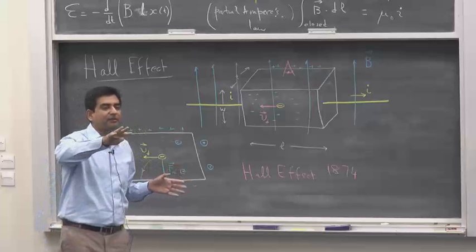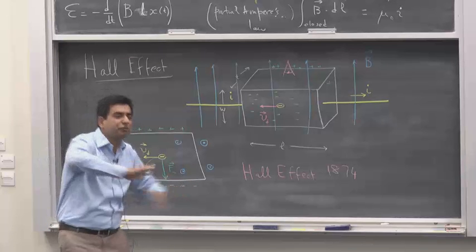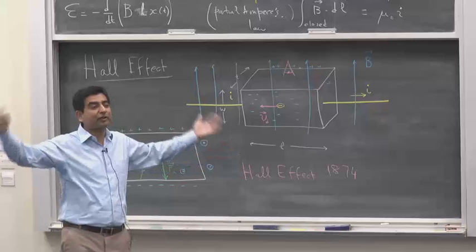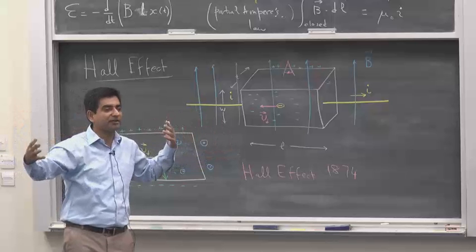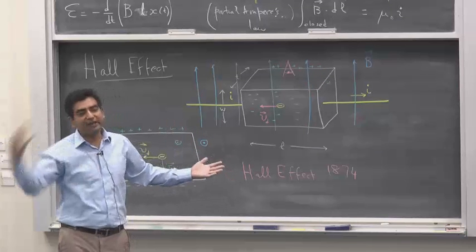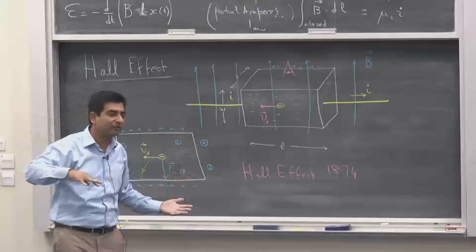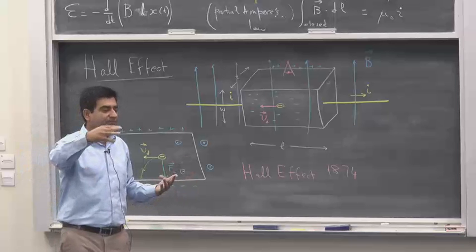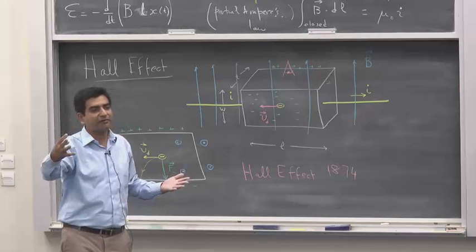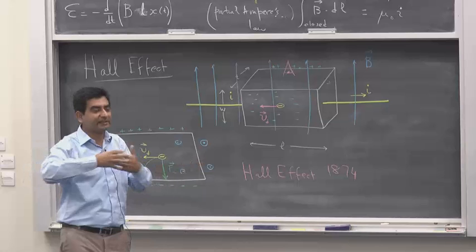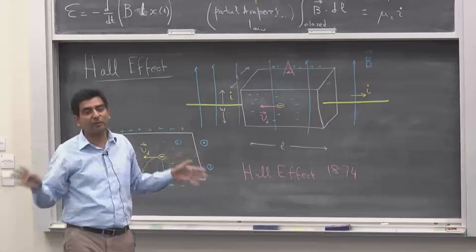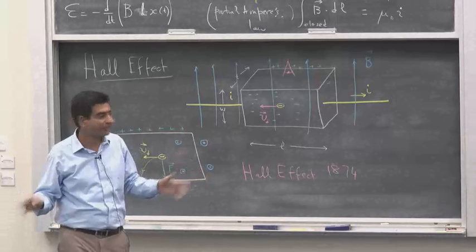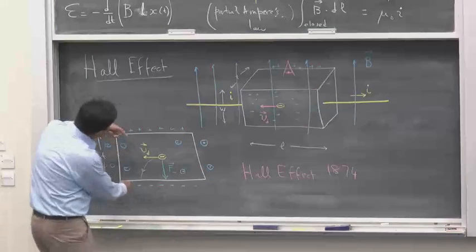Currently, there is a huge plethora of work that is being done on the Hall effect and its modern version, the spin Hall effect, the fractional Hall effect, the quantum Hall effect, the anomalous Hall effect, and so on. And there are several Nobel Prizes that have been given for modern incarnations of the Hall effect. So this voltage is developed.